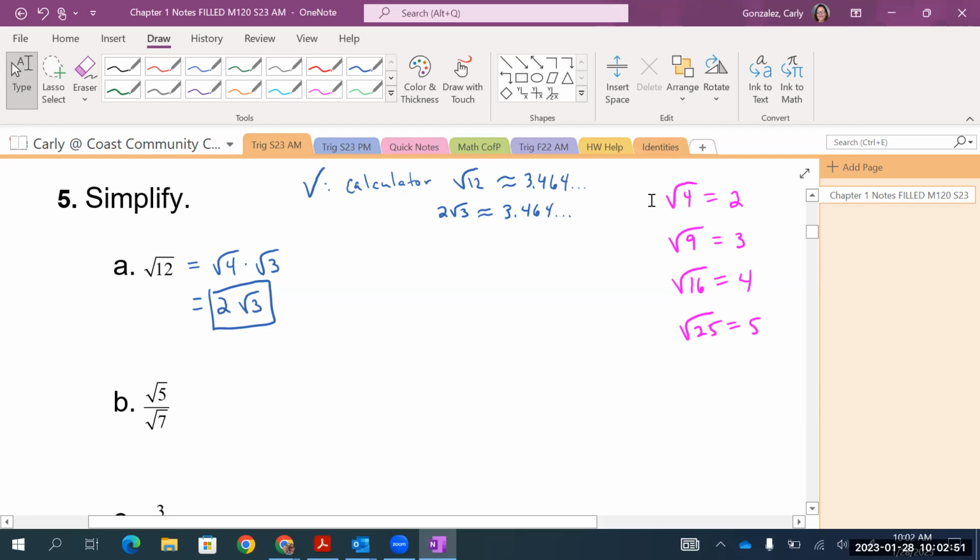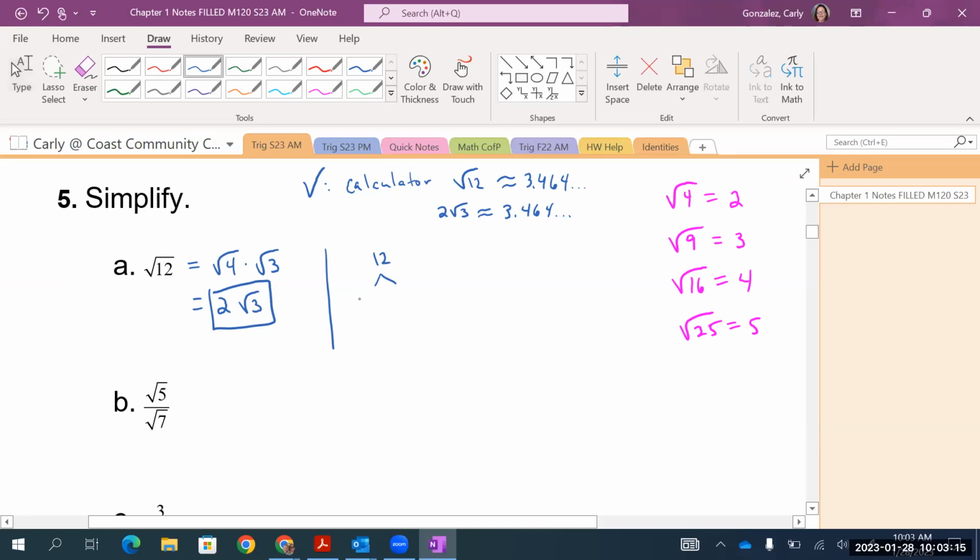I do want to also include a different strategy, which is using factor trees. So if I take this 12 and try to factor it, I could say, okay, what 2 numbers multiply to 12? And if I'm using factor trees, I'm not only focusing on perfect squares.